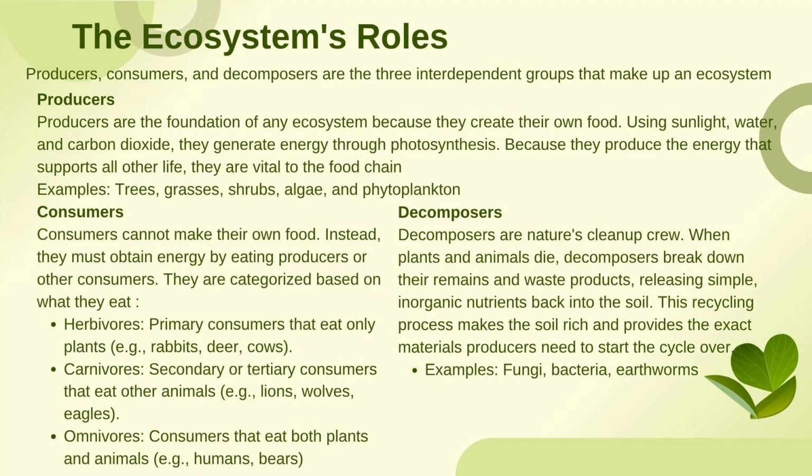Next comes consumers. Consumers cannot prepare their own food. Instead, they must obtain energy produced by the producers by consuming the producers or the other consumers. They are characterized based on what they eat. They are in three levels. First one is herbivores, which consume only plants.